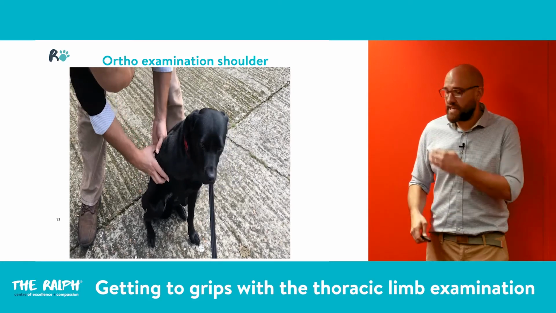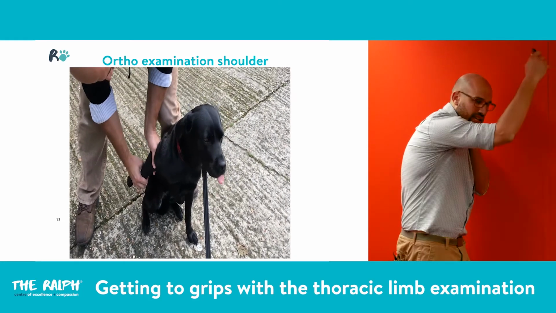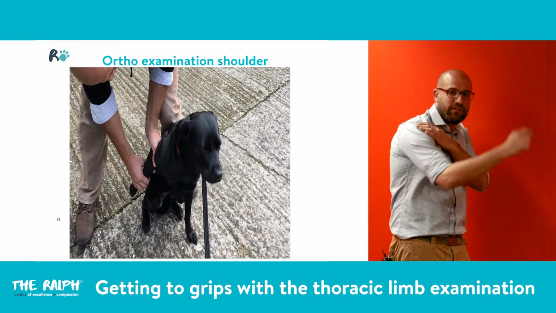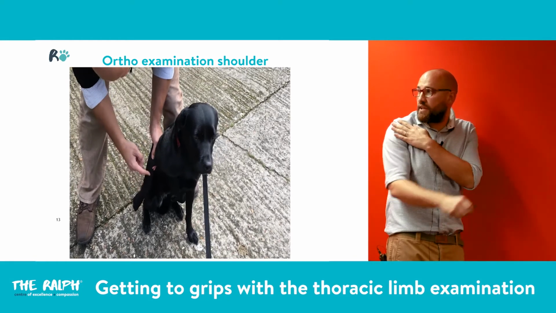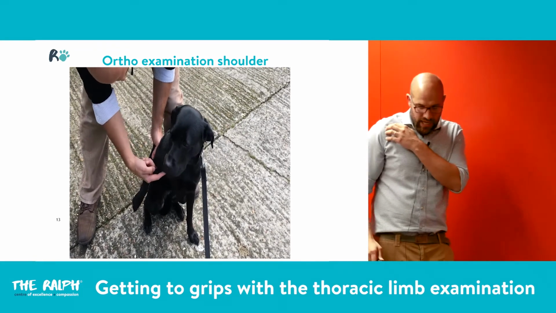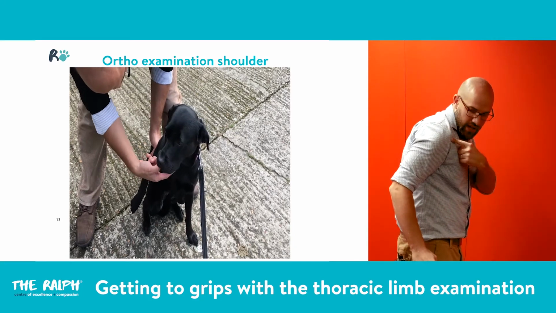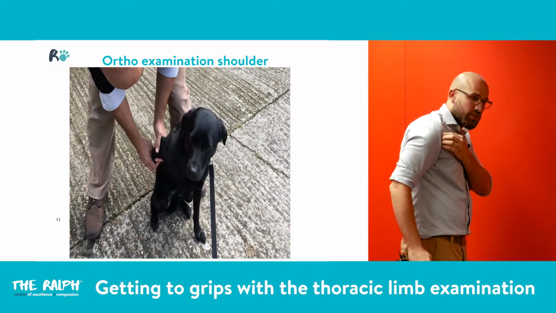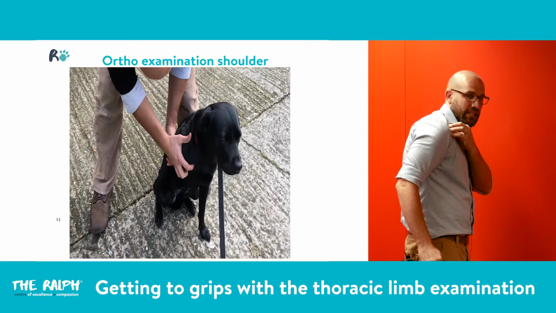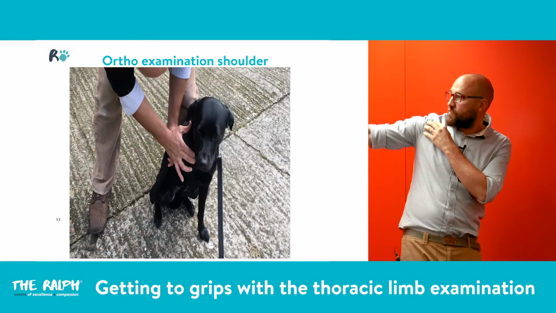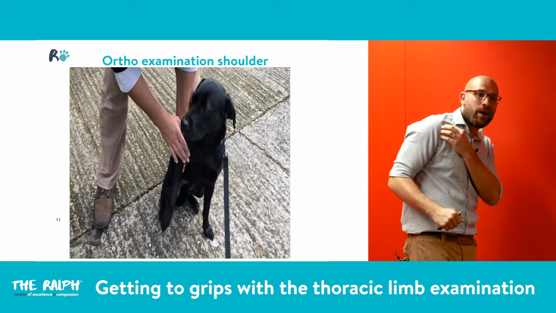So usually I only check extension and flexion to see if there is any pain on shoulder manipulation. Then I press hard where the insertion of a tendon is to see if there is any pain coming from there. And the other thing that I'm doing now is called the biceps test.